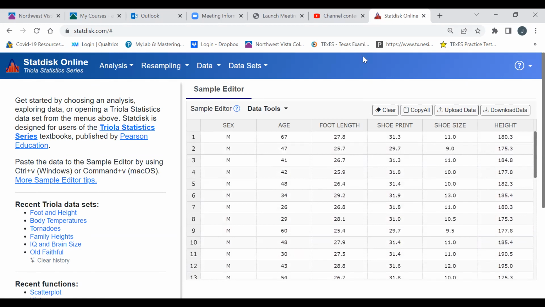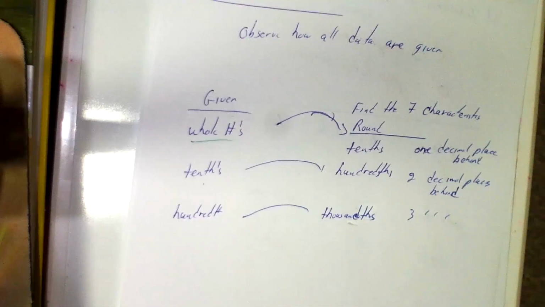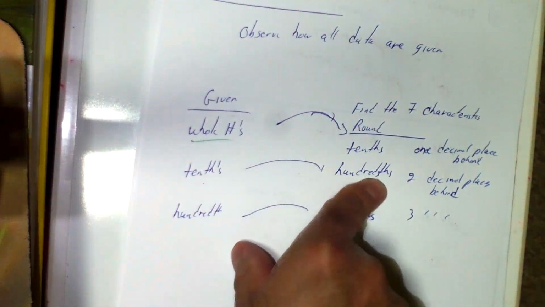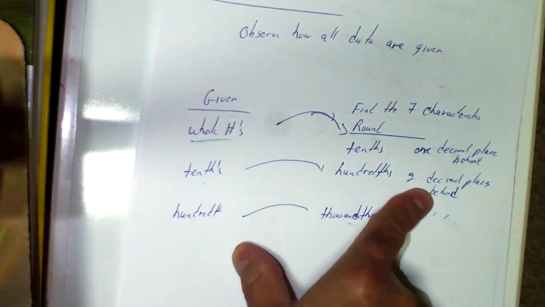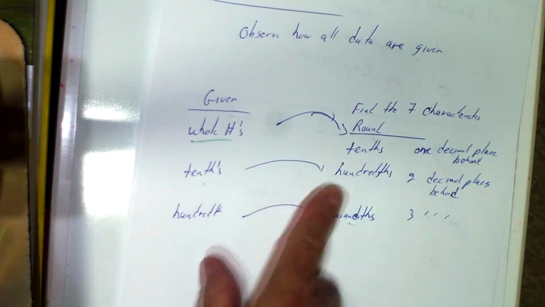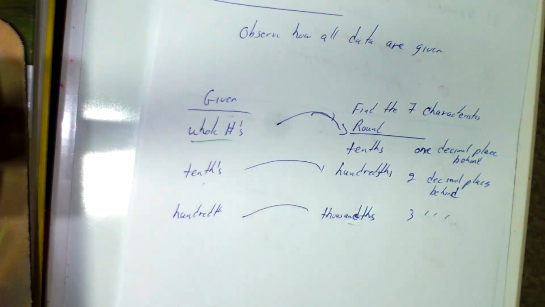So when I do my rounding and find all 7 pieces, I need to make sure all my answers end up in the hundredths. I need 2 decimal places behind the decimal on all of my answers because the data are in tenths.